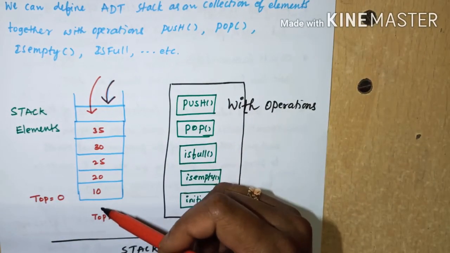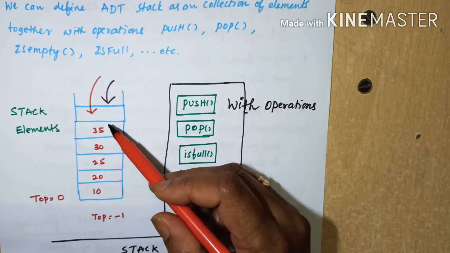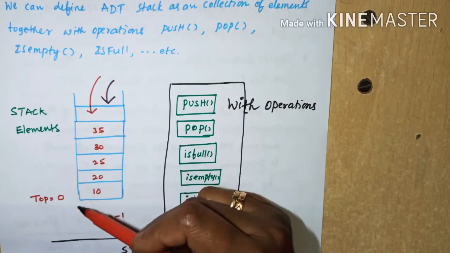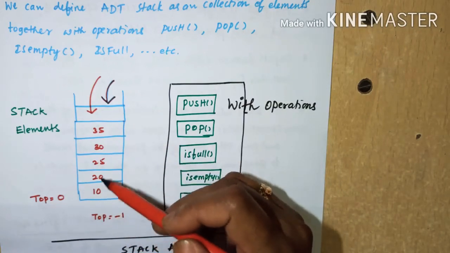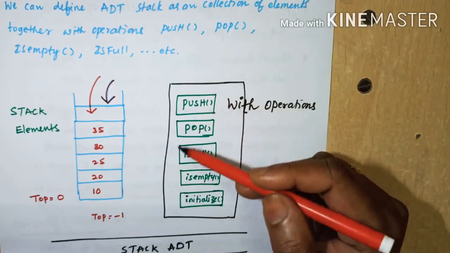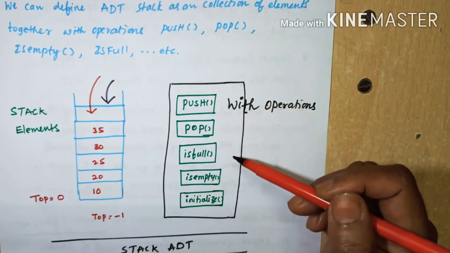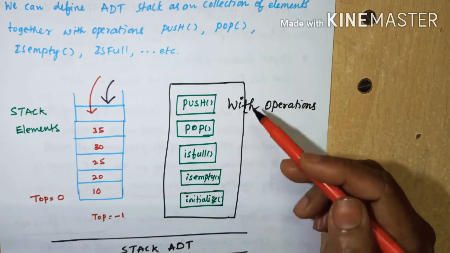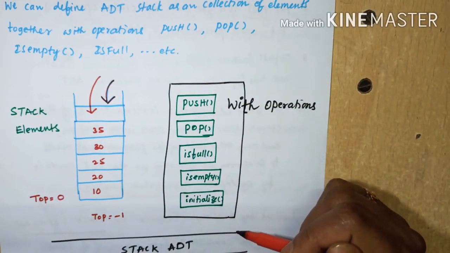Look at 10, 20, 25, 30, 35. These are integer elements which are stored one above the another. And look at this. These are the set of operations. Push, pop, is full, is empty, initialize.